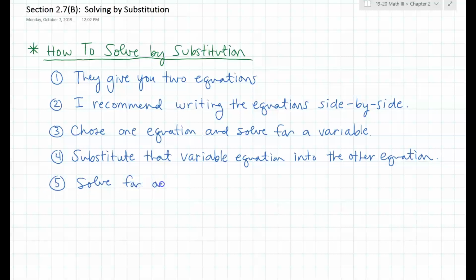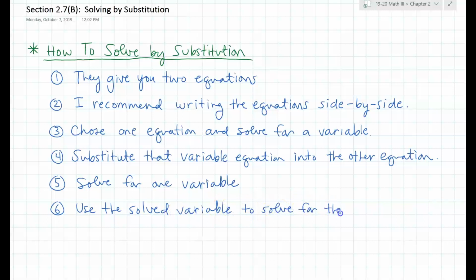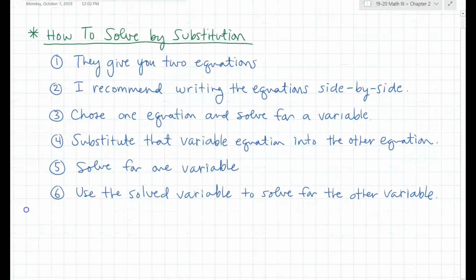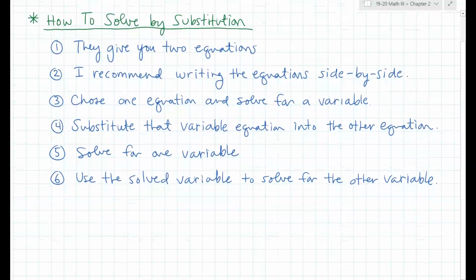Solve for one variable. And 6, use the solved variable to solve for the other variable. And again, this may not make a lot of sense if you just read through it, okay? But right now when we go through some examples, it'll be a lot easier.